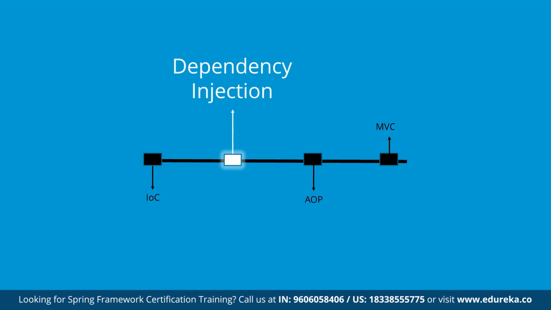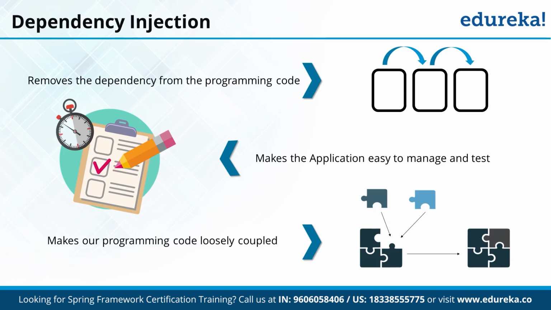Now, after the inversion of control, we got dependency injection. Dependency injection is all about when we have dependency in our code, right? So the Spring Framework has this DI technique where we can remove the dependency from our code. It is going to make our application quite easy and manageable to use, and most importantly, our programming code becomes loosely coupled, right?